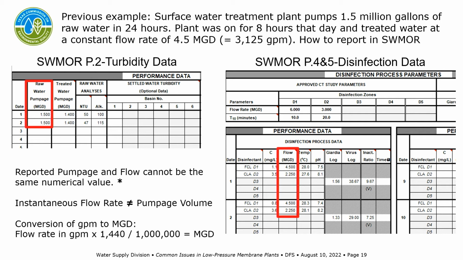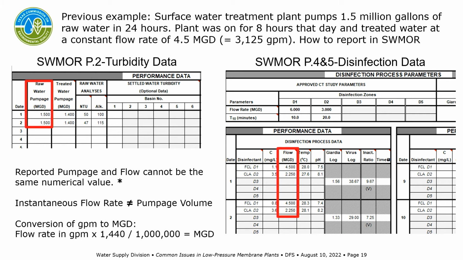Interestingly, in this second disinfection zone, the number is half. That may be just a part of your CT study. Maybe in disinfection zone 2, you've got 2 parallel units, 2 SED basins in parallel, and we just want you to report the flow rate through one of the SED basins. So that's why that may not necessarily be the same number in each disinfection zone.